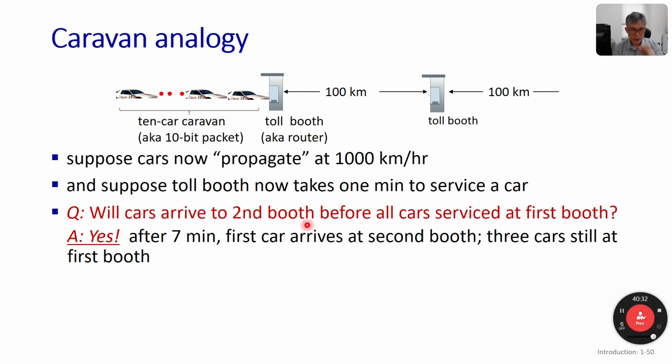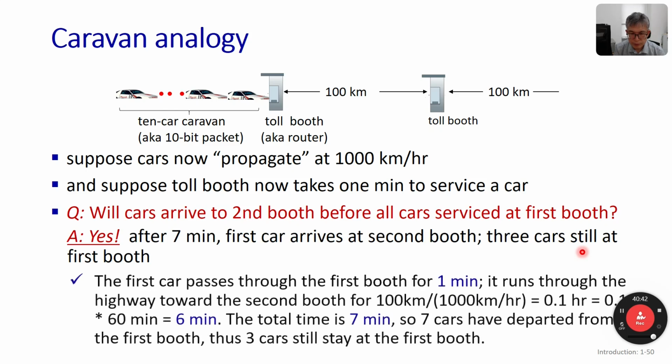Yes. After 7 minutes, the first car arrives at the second booth, and three cars are still at the first booth. We can calculate this: the first car passes through the first booth in 1 minute, which is the transmission delay, and then runs through the highway.